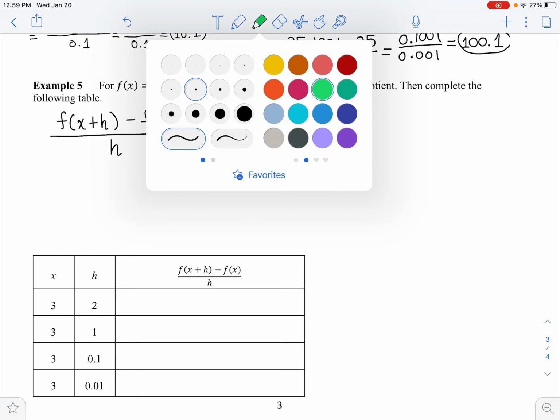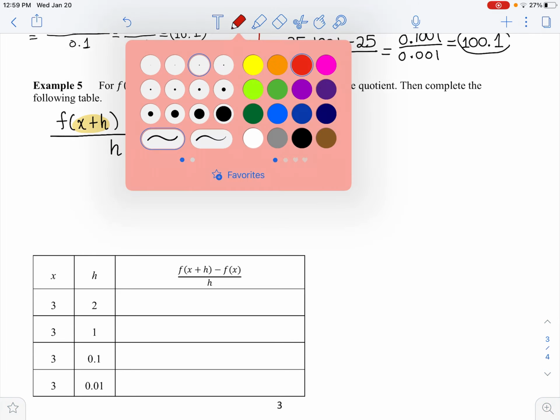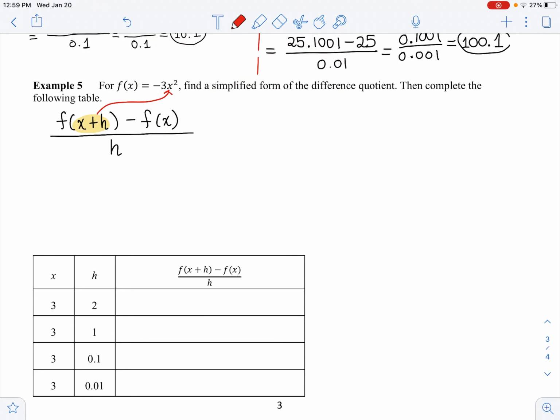So what I'm going to do first is plug x plus h into the function, okay? X plus h is going into the function. So what will I have? The first thing in the numerator will be negative 3 parenthesis x plus h squared. So do you see what I just did?